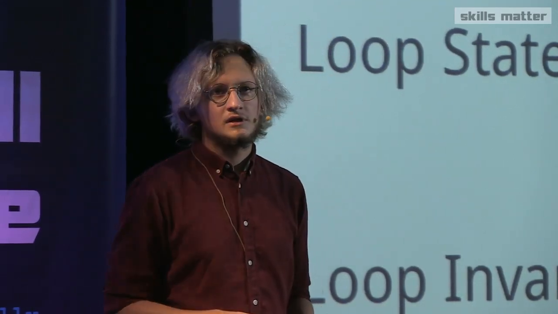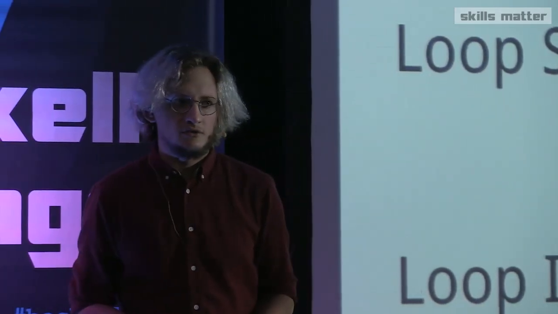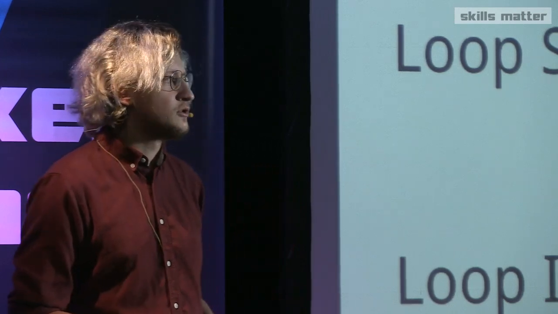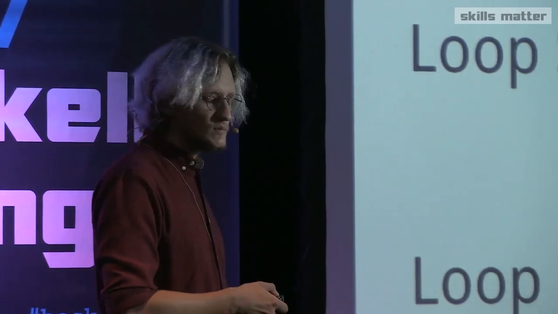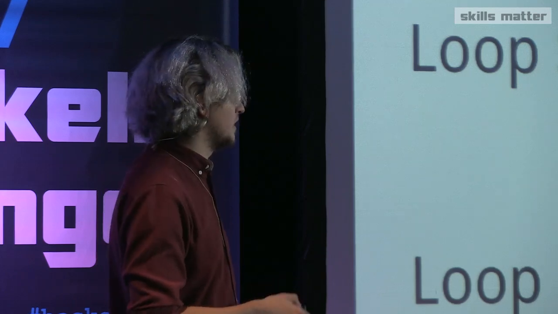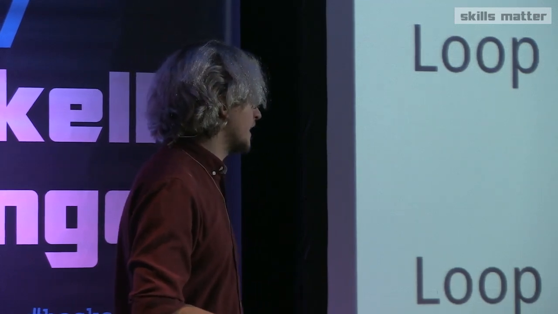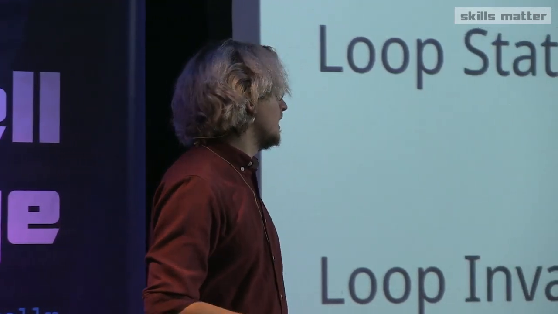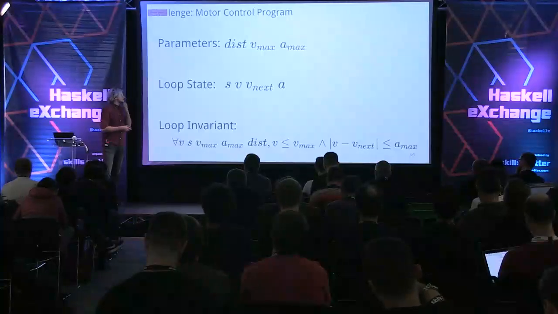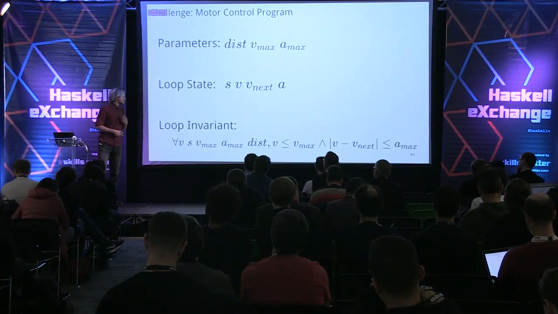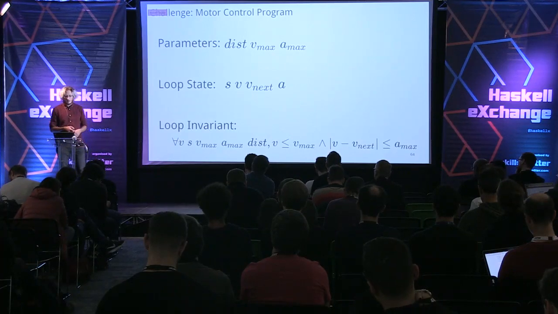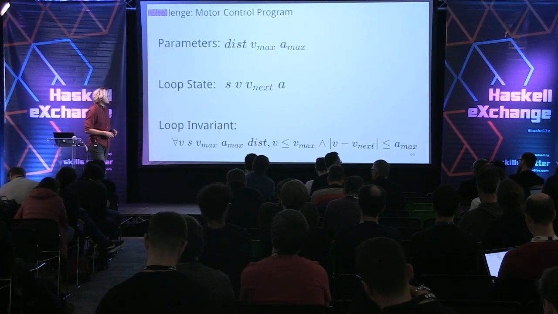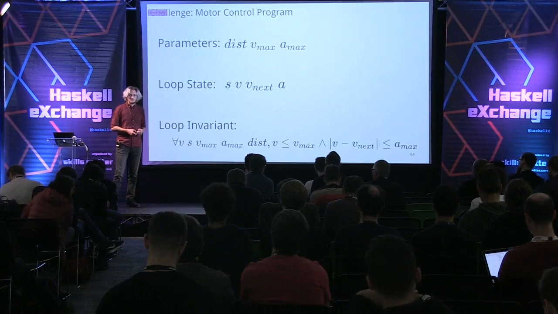What we can do is verify a loop invariant for our loop, since our program is just a huge loop. We can prove that for every value of the state of the loop, meaning the current speed and the current distance covered, and for all the input values, the maximum speed, the maximum acceleration, and the distance, the speed never exceeds the maximum speed.